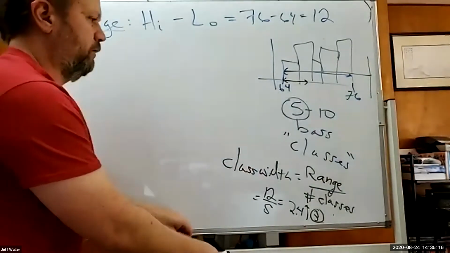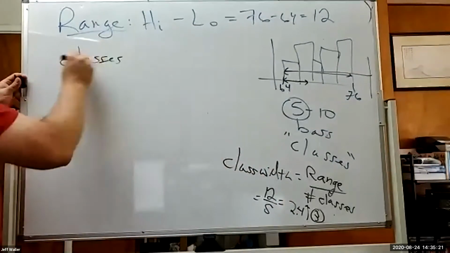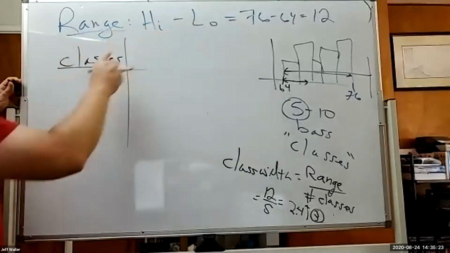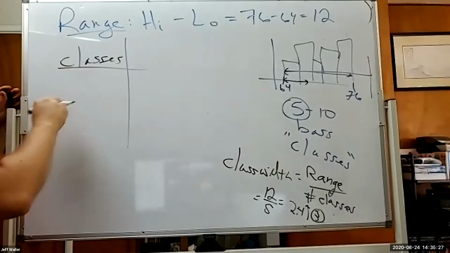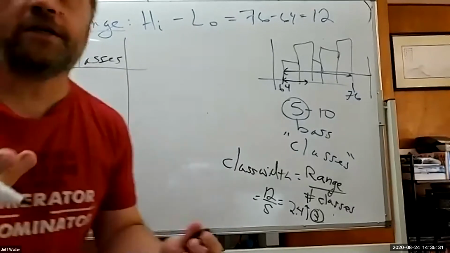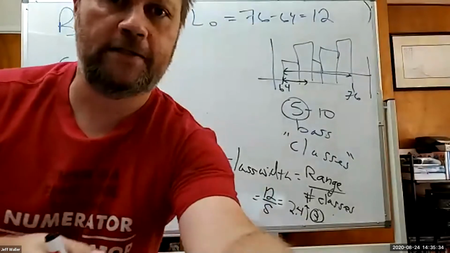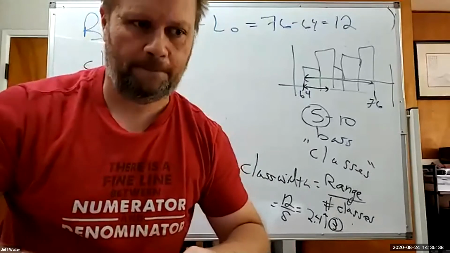All right, let's make these classes. So the first class should start at what number? 64. You could have started at 60, but why? Basically start at the first data point, or else you're almost guaranteed to screw something up.